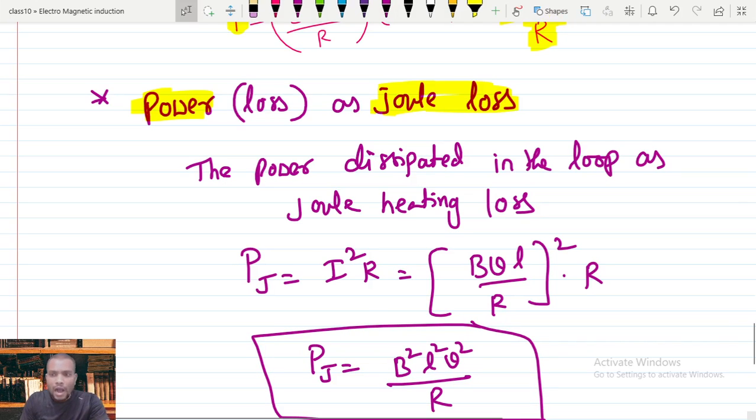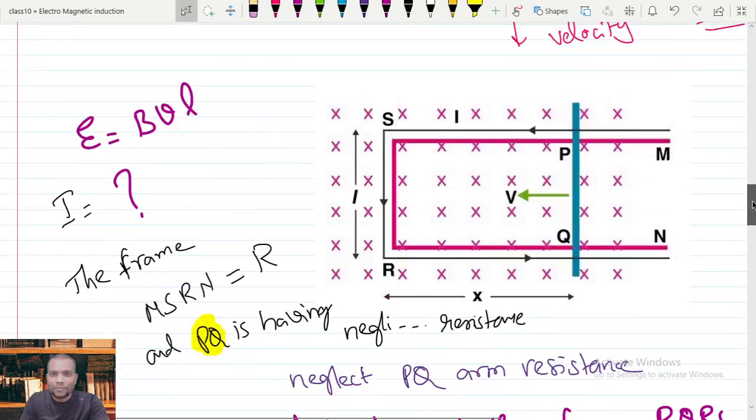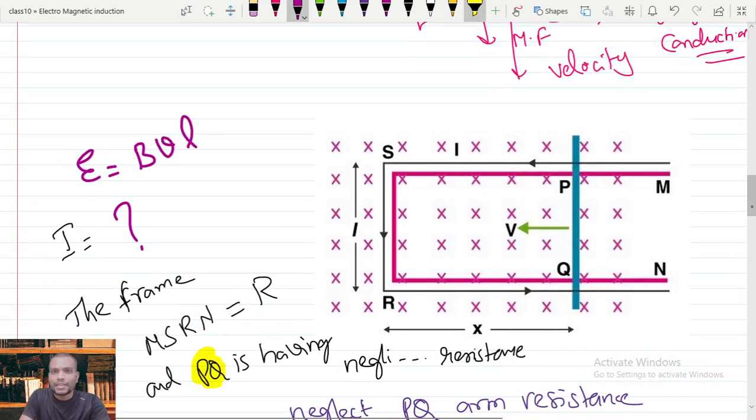It means when this rectangular arm is moving in a uniform magnetic field, an induced EMF sets up, and because of the induced current there is a force on the movable arm, and that force will act opposite to the applied force.